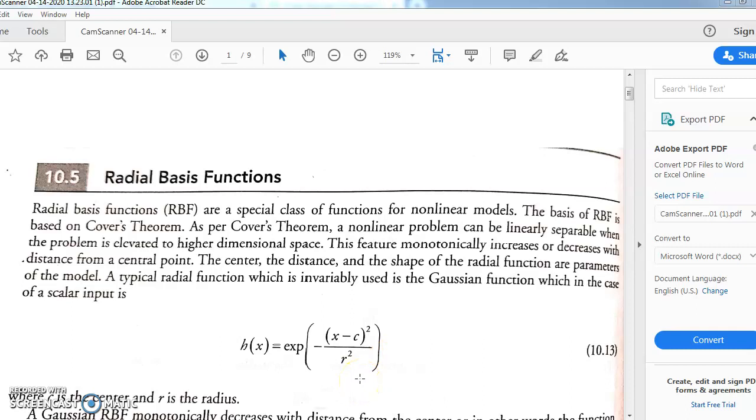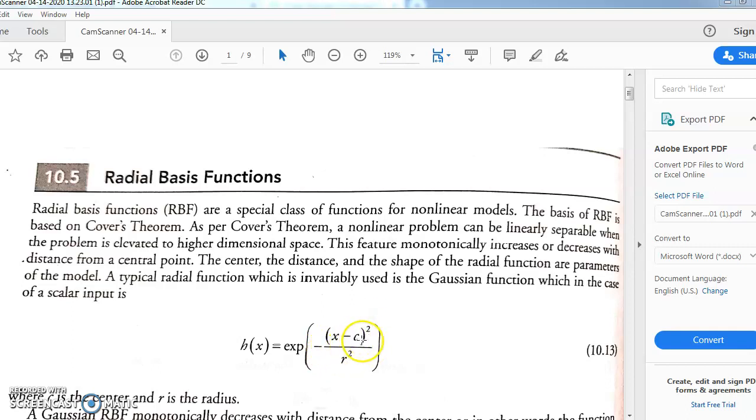A typical radial function is shown here, which is h of x. This is applicable at the hidden layer. h of x is exponential of minus (x minus c) whole square divided by r square. Now, what is (x minus c) square?